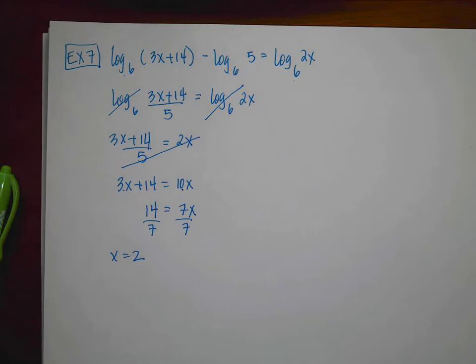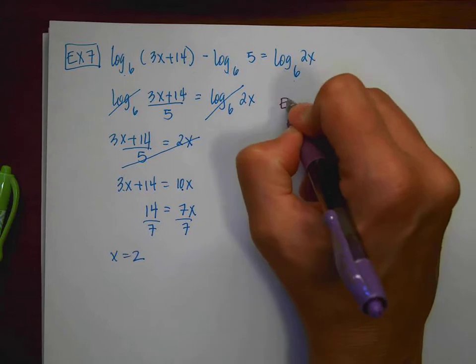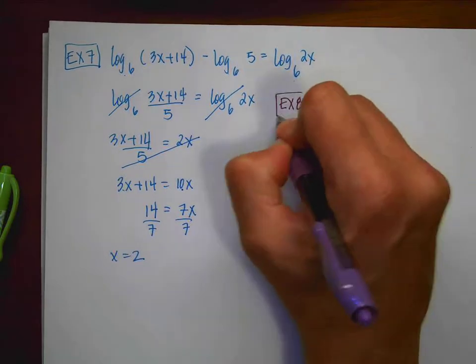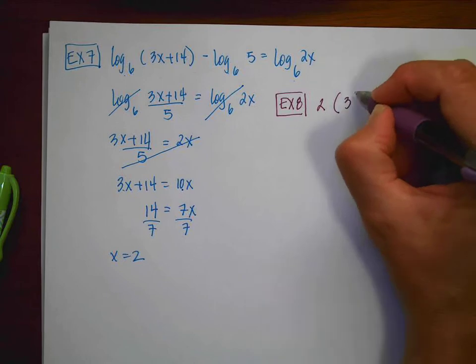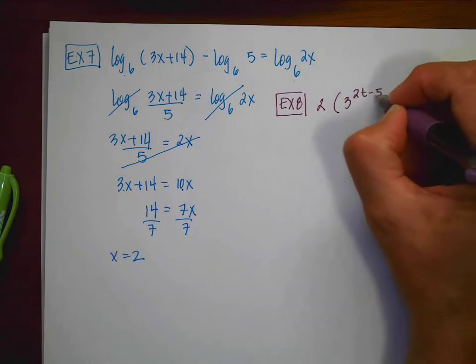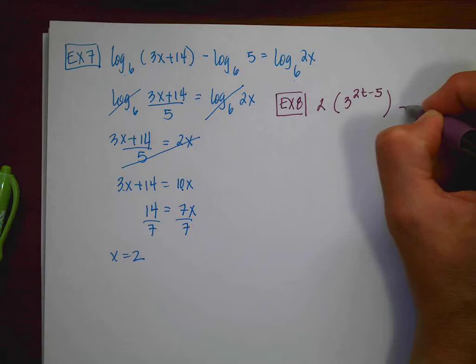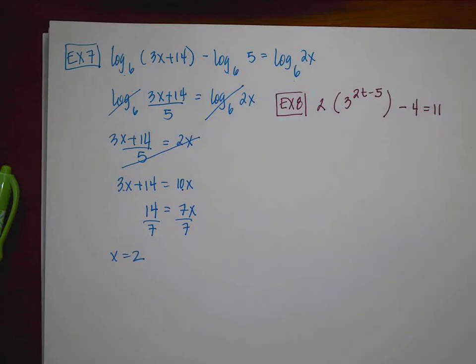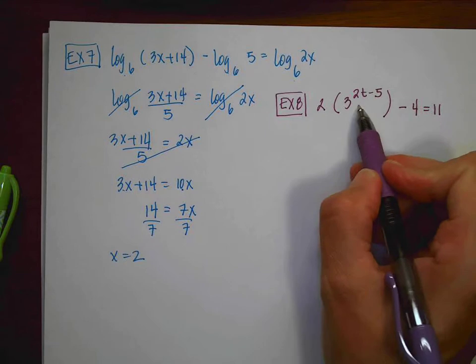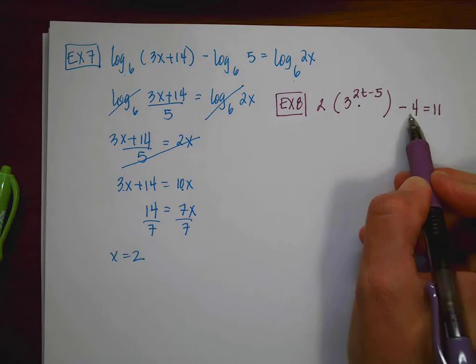That's pretty nice. Alright, I have one more example, so we're going to put it right up here in the corner. Example 8. So I have 2 times 3 to the (2t minus 5) minus 4 is equal to 11. Again, the goal is always to isolate the term that has the variable in it.